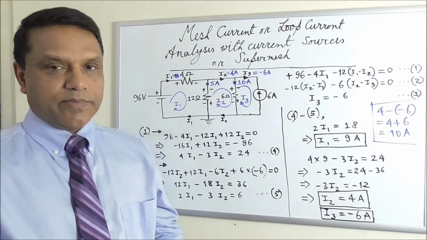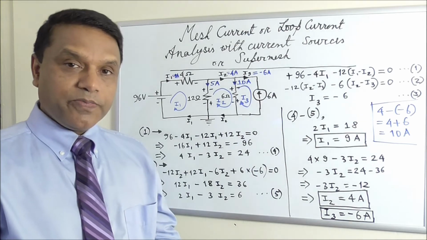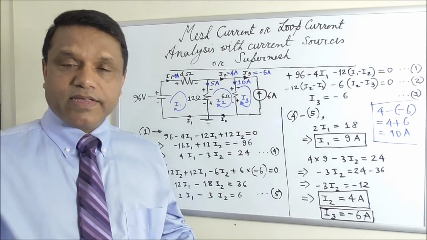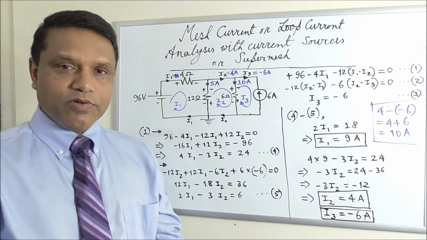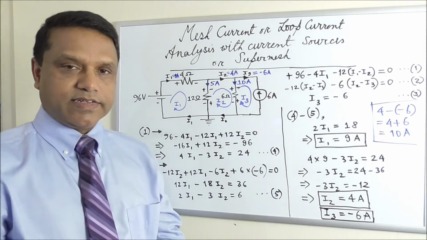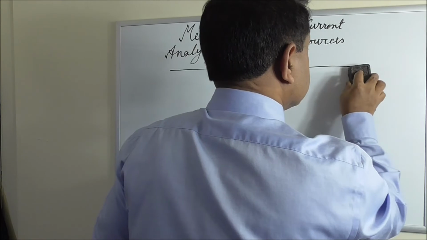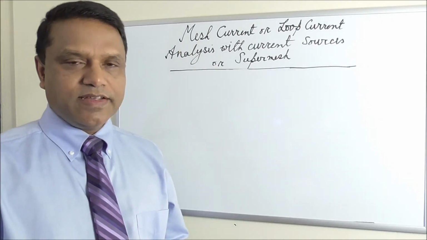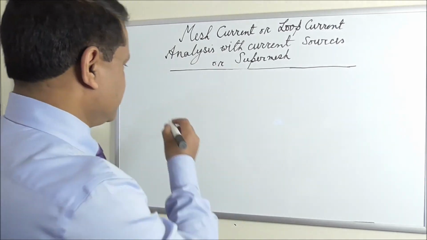And this technique, as I mentioned earlier in the video, that some people call super mesh, is kind of like a bigger mesh. And that naming will make more sense when we do the next circuit. So let's draw a circuit somewhat similar to our last circuit with some changes.